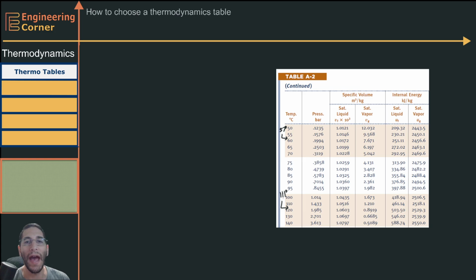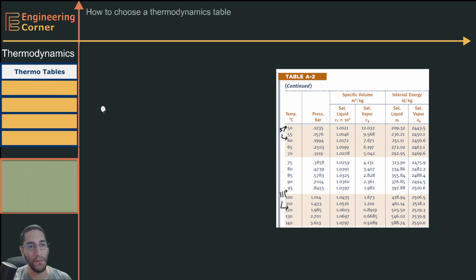And we don't have the entries for every single temperature. What we have to do, if this is the case, is interpolate between the entries that we do have. Now, the assumption we are going to make is that between every entry, the change in the values is small enough to be considered linear.